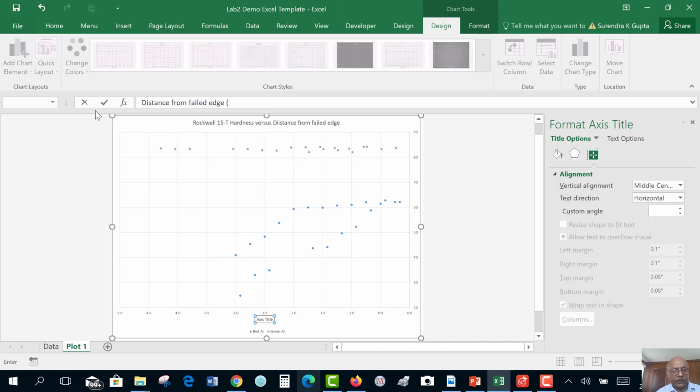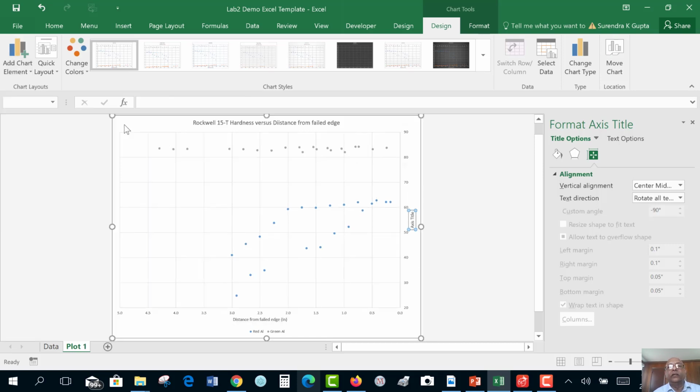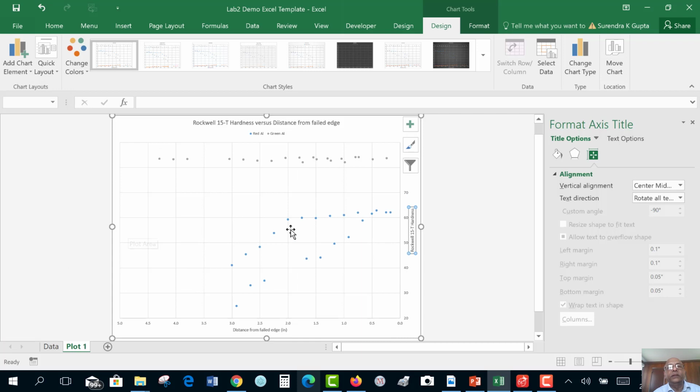And remember, this was in inches. Y-axis, vertical. So this is Rockwell 15T hardness. Remember, it has no units. And finally, our legend, we want it on the top. And that's pretty much it.